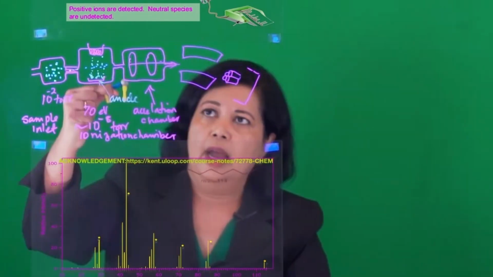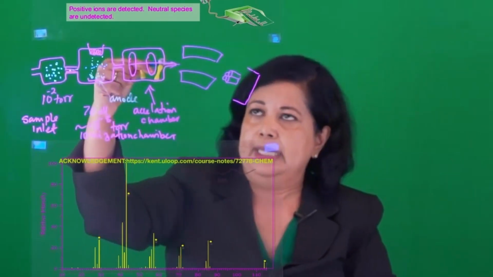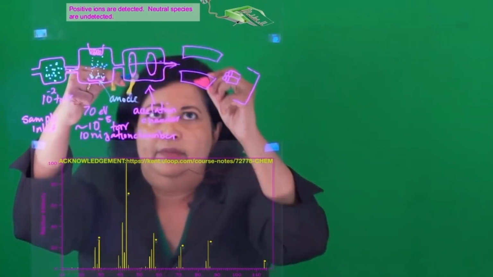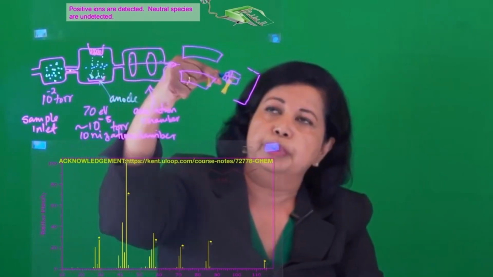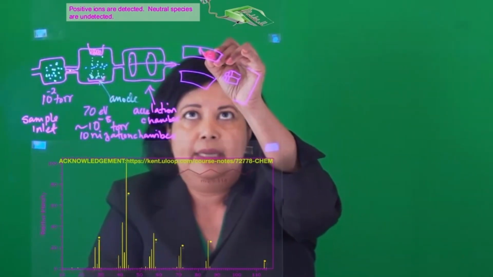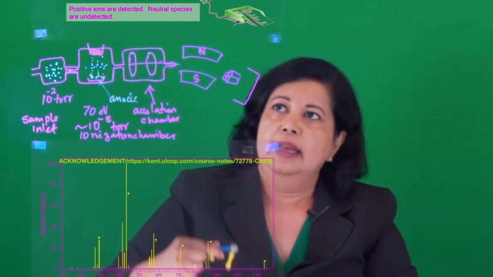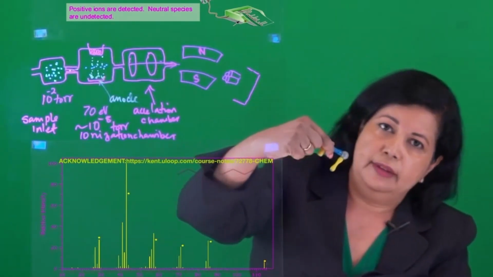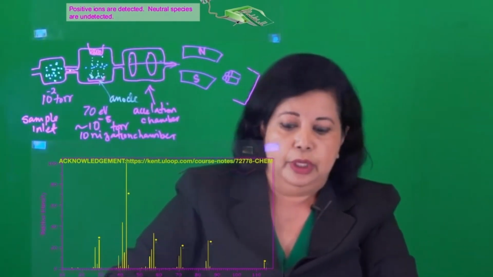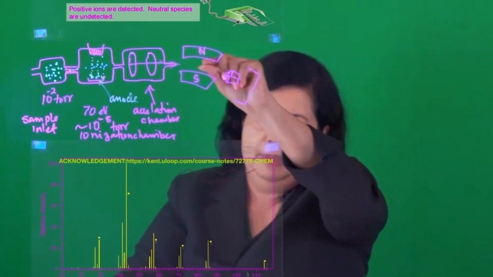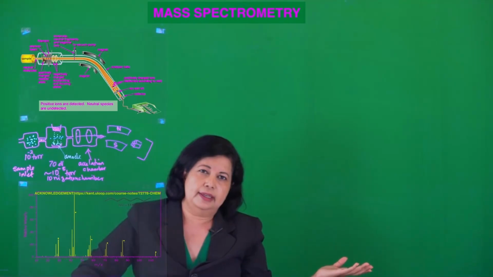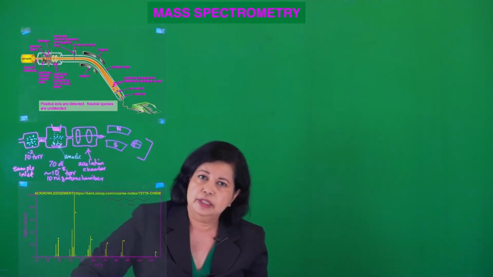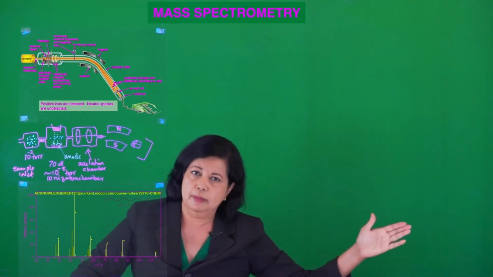So these ions fly through these plates here, and they will go through this little focusing slit, and go through the magnet. The magnet is quite powerful and it will accelerate them even more. Now, if all of the molecules come and fall at the same spot, then there really isn't any useful information we can get from just one big blob or peak.